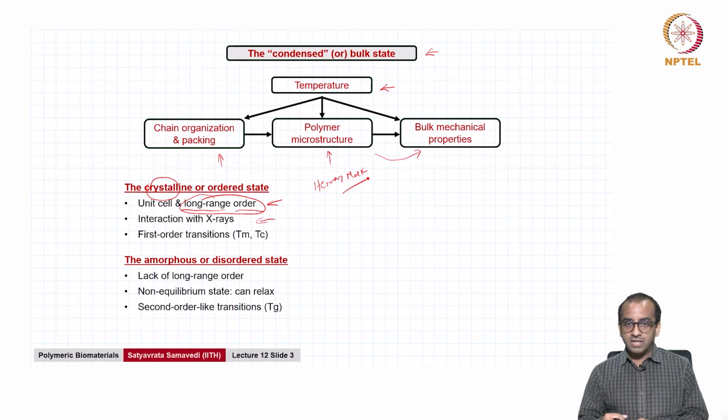And in those days, he was one of the first people, along with Staudinger, to confirm the presence of things like unit cell and so on in polymeric microstructures. And he was also a very instrumental scientist in assessing or using X-ray diffraction as a means to understand microstructure. So much so that Linus Pauling, who himself was a Nobel laureate, was first introduced in great depth to these kinds of interactions by his interactions with Hermann Mark.